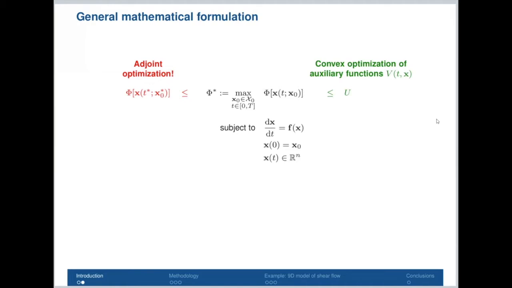So I can try to optimize, consider these auxiliary functions v without having to run simulations, without time stepping, but instead using tools from convex optimization. So the point of the talk would be to illustrate how to do this.